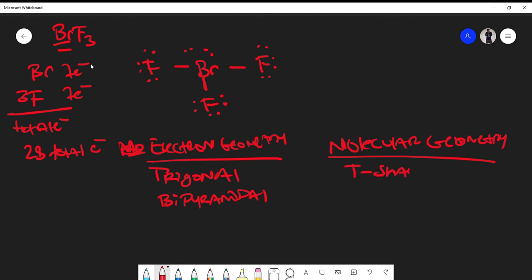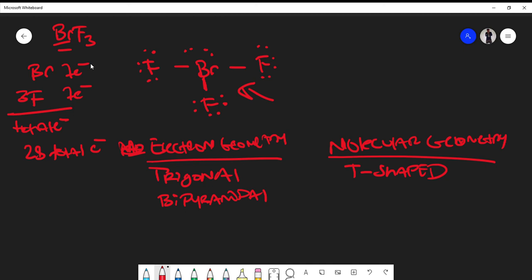We call it T-shaped. So the molecular geometry is T-shaped. And in fact, I pretty much drew it like a T-shape, right? So again, this is an accurate representation of what the molecule really looks like.